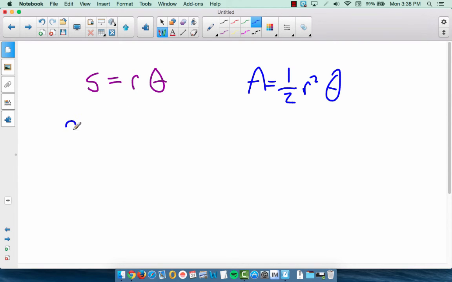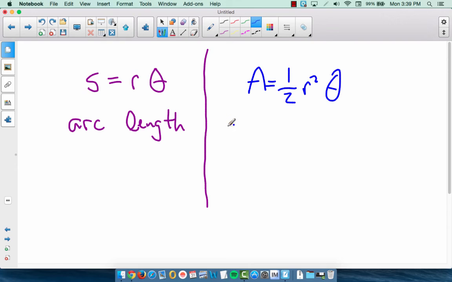This is used for arc length, and so our units will be centimeters, inches, feet. And over here, this is used for area of a sector, and our units will be centimeters squared, inches squared, feet squared.